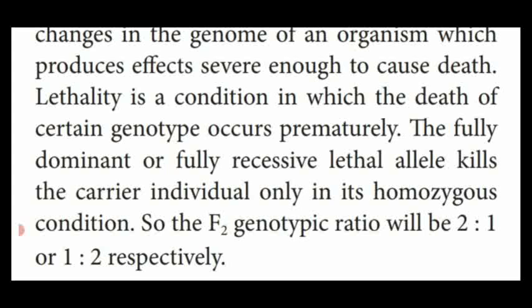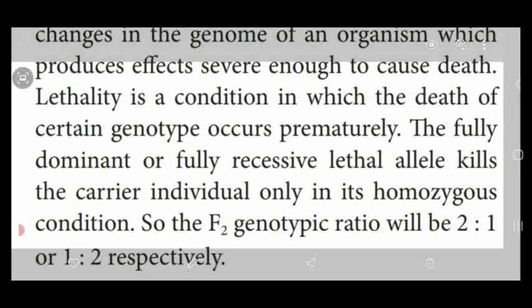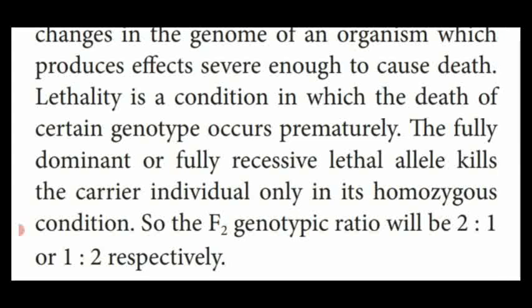But when you come to the other one, 2:1 is due to the occurrence of the recessive allele. 1:2 occurs due to the dominant allele which causes death of the organism. So the phenotypic ratio is modified into 2:1 or 1:2.